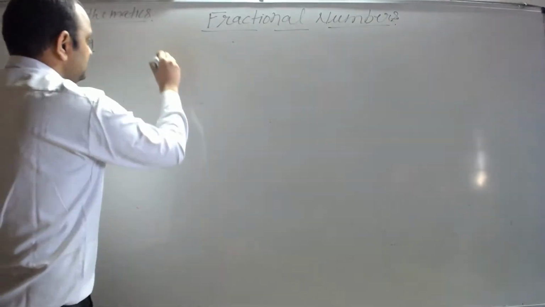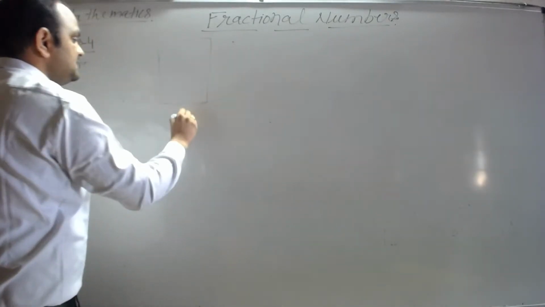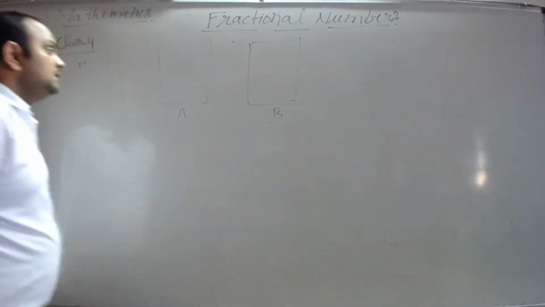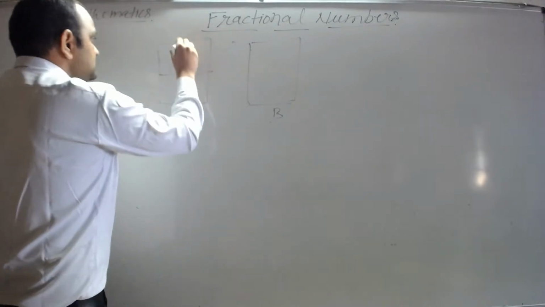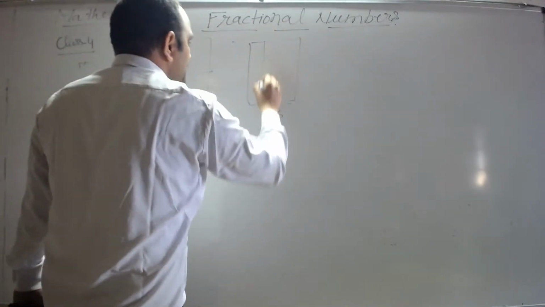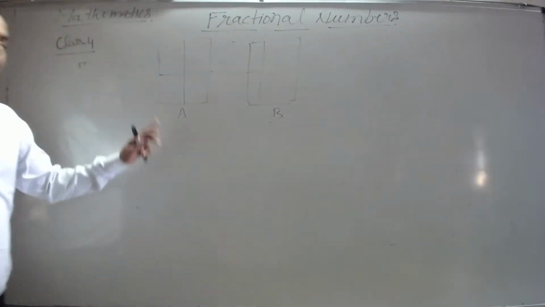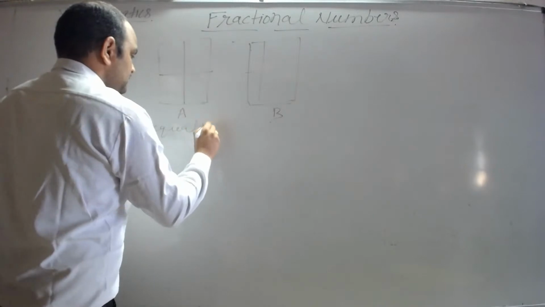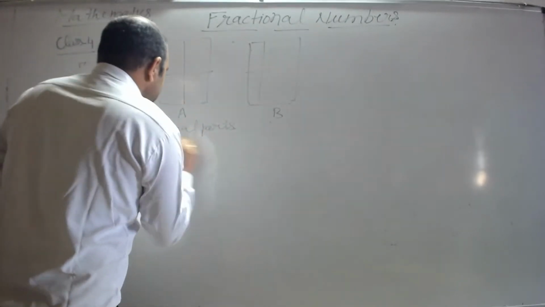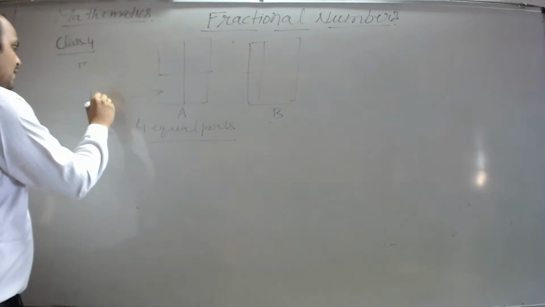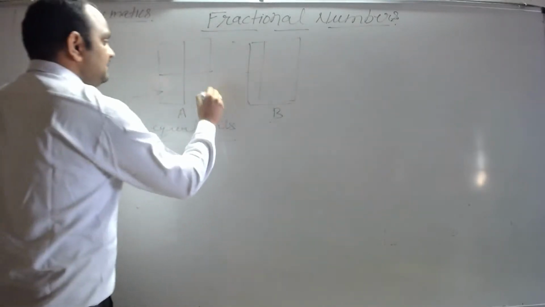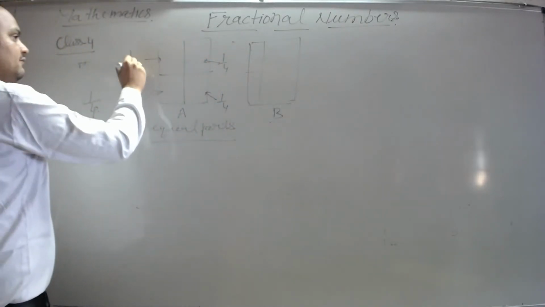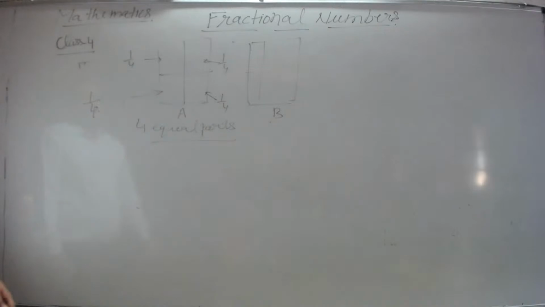Okay. So next is, look at picture A. This is picture A and this is picture B. Both pictures are divided into 4 parts, but picture A is divided into 4 equal parts. So what will be the fraction of each part? That will be 1/4. This will also be 1/4, and this will also be 1/4.